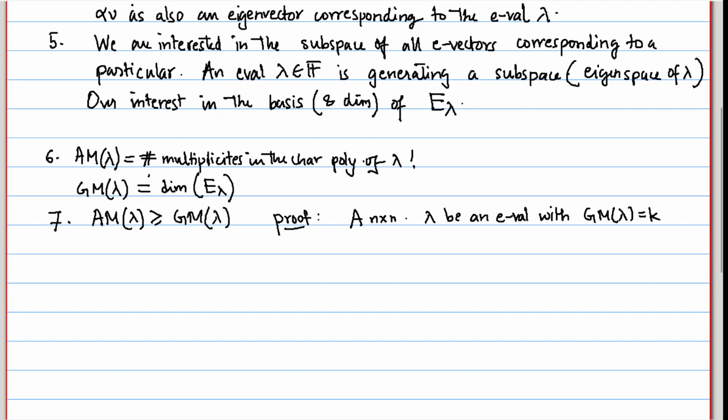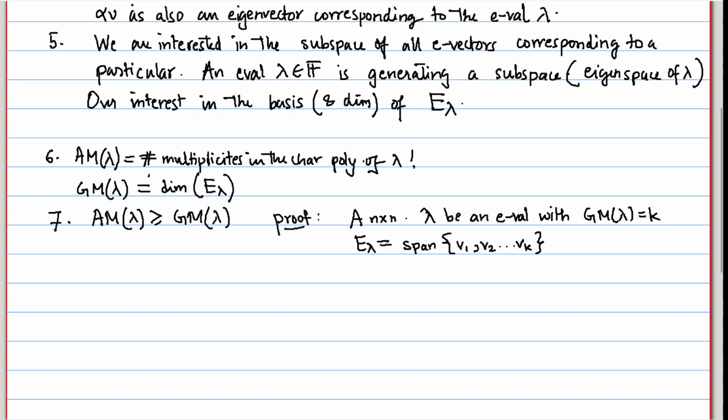What does that mean? That means the eigenspace of lambda is a span of k eigenvectors, right? So let me call those v1, v2 up to vk.